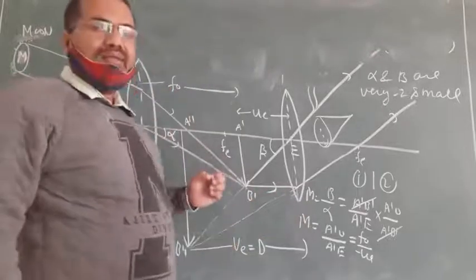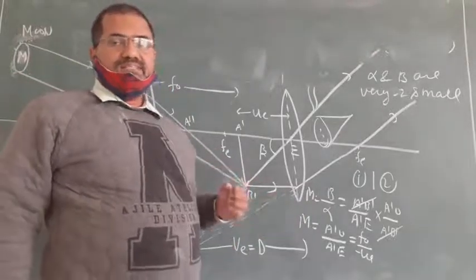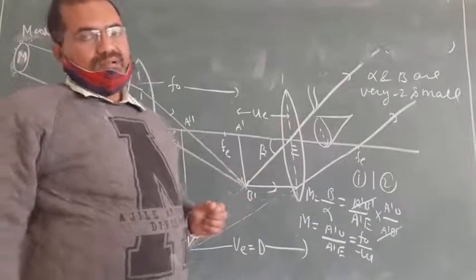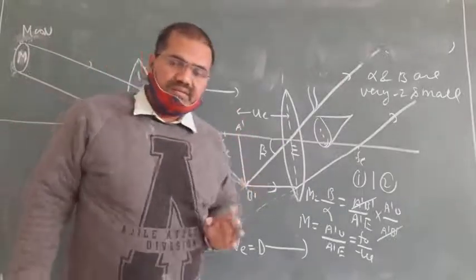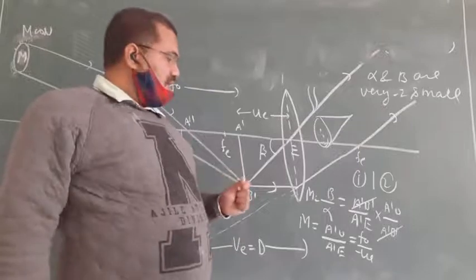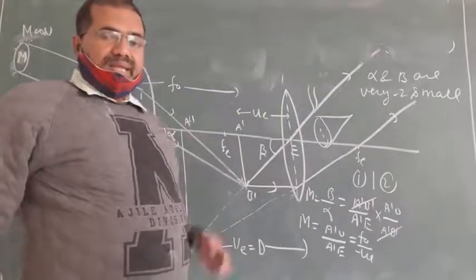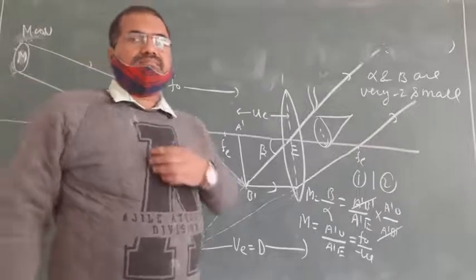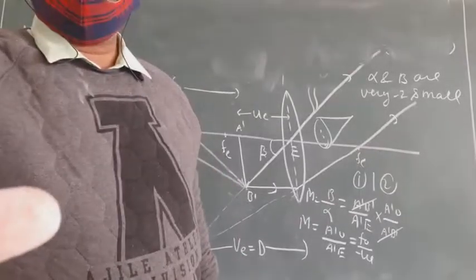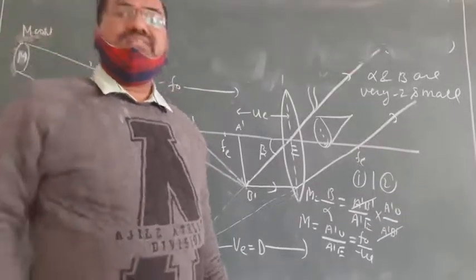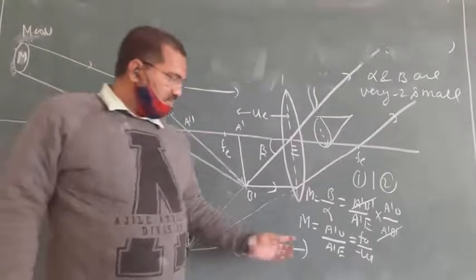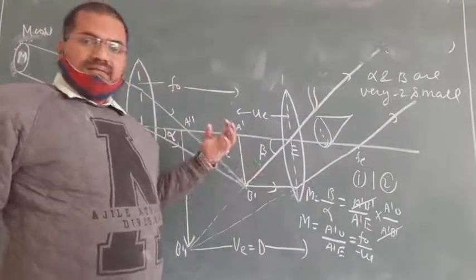One is when the final image is formed at LDDV, the least distance of distinct vision: maximum magnification, the strain eye position. And when the final image is formed at infinity: minimum magnification, that is, at relaxed eye position.